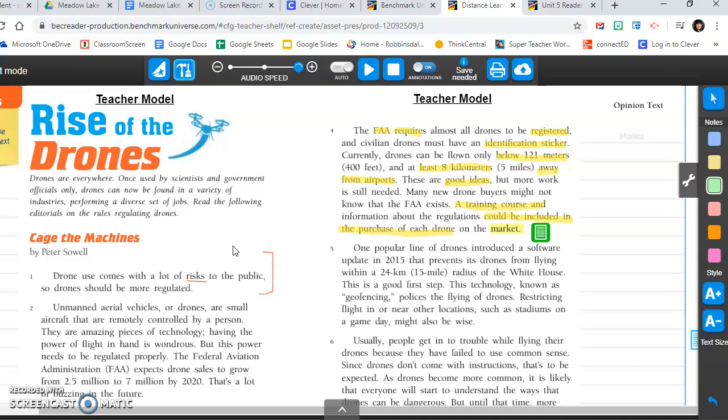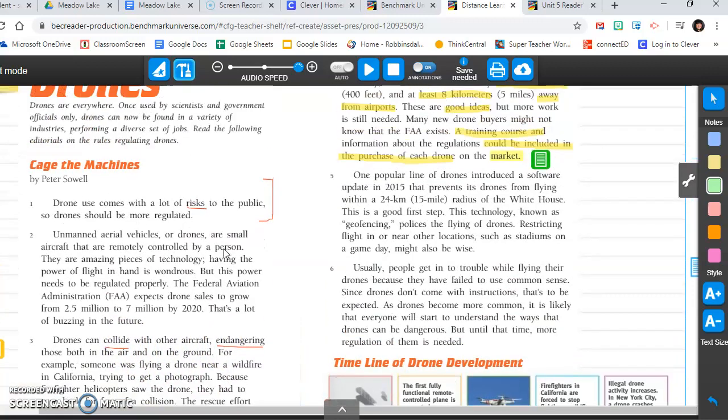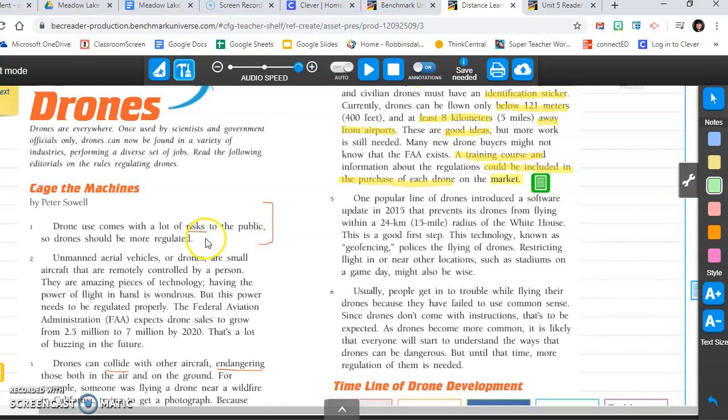Well, I'm thinking the author probably mentioned issues with drones, that they collide, endanger people in the air, they pose risks to the public, to support his arguments that the drones need to be more regulated. He wants people to see there's issues that we need to try to solve.